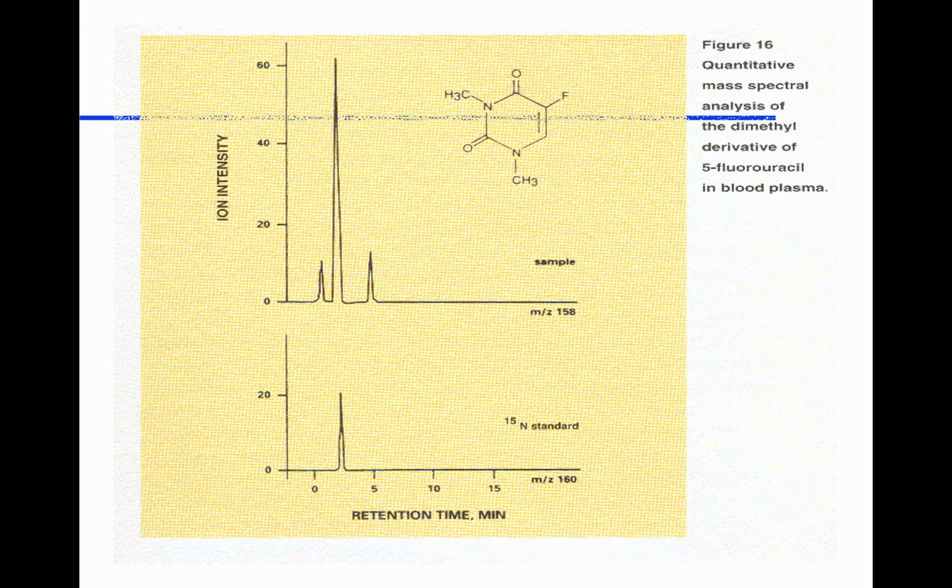We monitor only mass 160. So what better reference, what better internal standard than the compound itself? We won't separate these by gas chromatography and mass spectrometry. They will co-elute, but the system's just set up. It's only going to monitor these 2 masses.